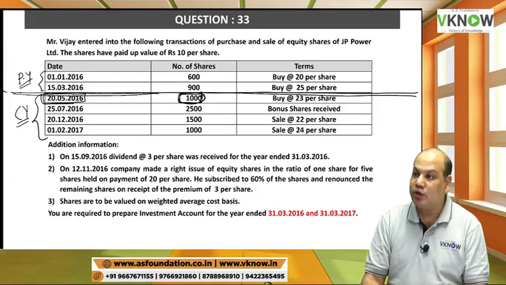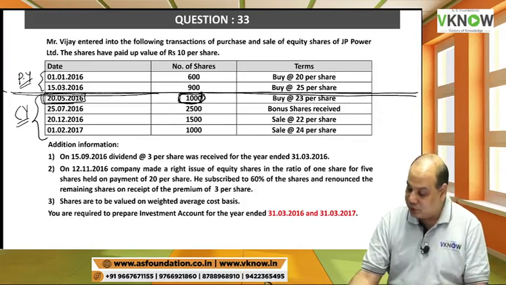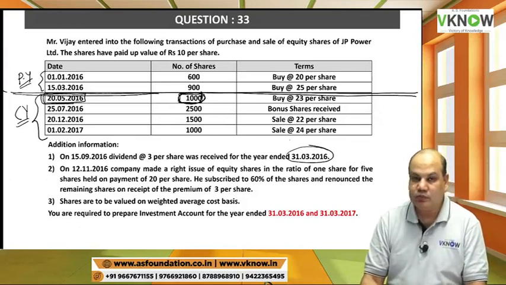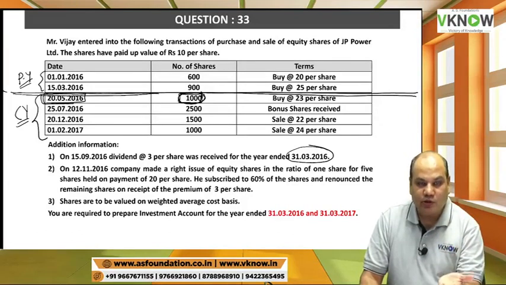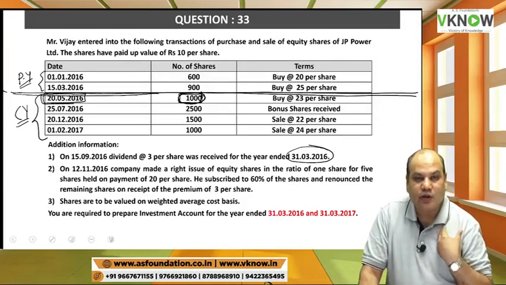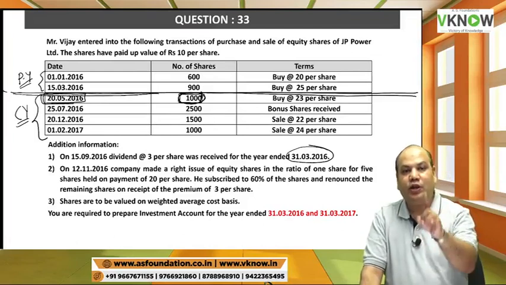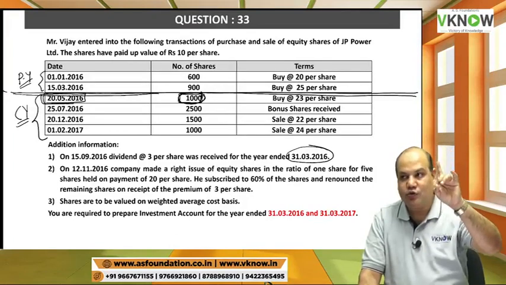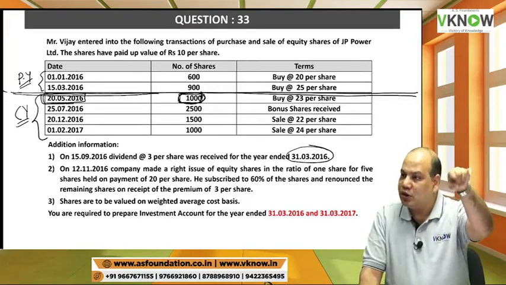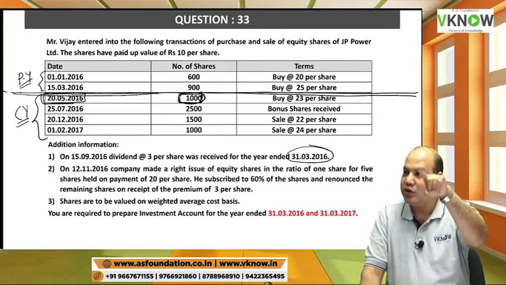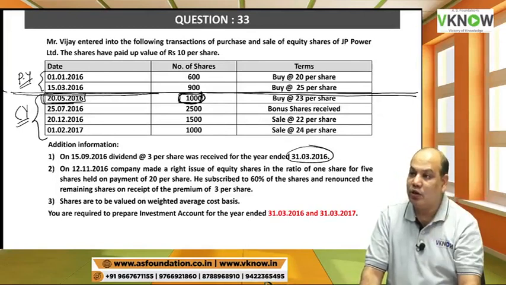But dividend relates to which year? Dividend relates to the previous year but was received in the current year by Vijay, because Vijay is a shareholder of the company when the dividend was declared. He was not a shareholder on 31st March 16, but he is a shareholder on the date of declaration of dividend.